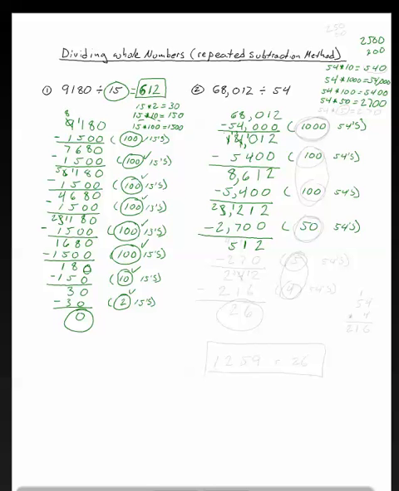Maybe I could use 54 times 5, and then just take half of my 540. Half of 500 is 250, and half of 40 is 20. So that gives me 270. And I can subtract that. So I'm going to subtract 270, make a note that that is 5 of my 54s.